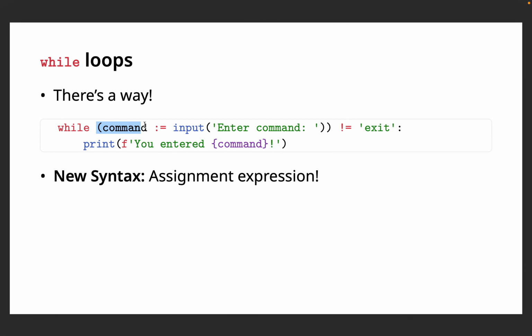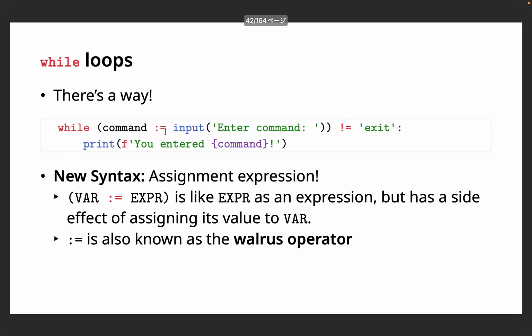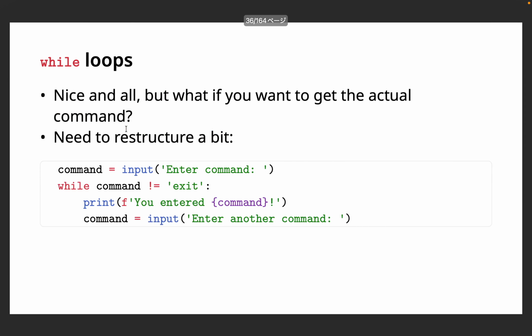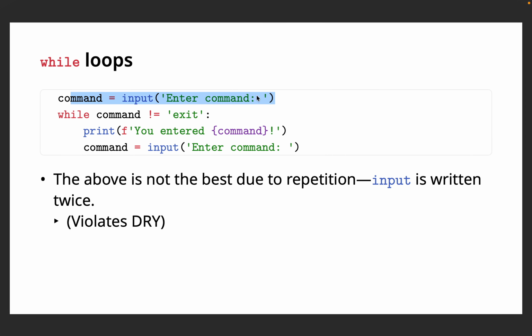It's an expression where the value gets assigned to this variable over here. And this operator, this colon then equals, is what we usually call your walrus operator, since if you squint hard enough, this looks like a walrus. So this is how you can avoid the duplication over here. This duplication.